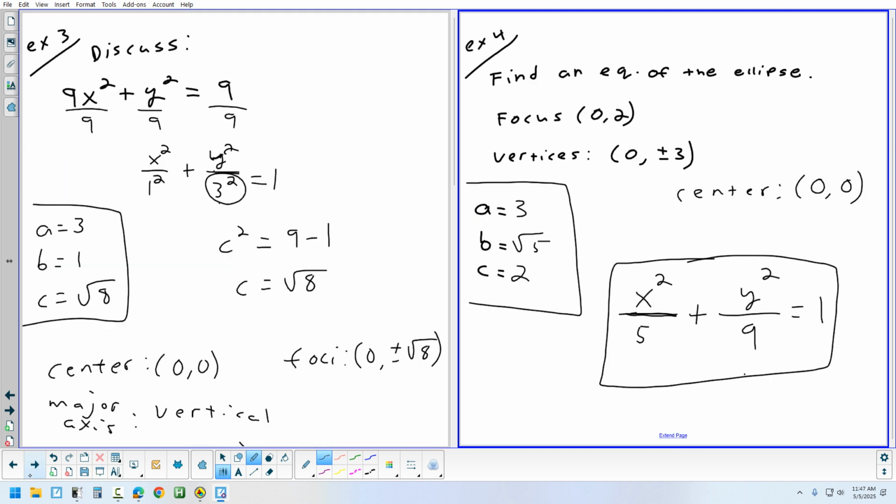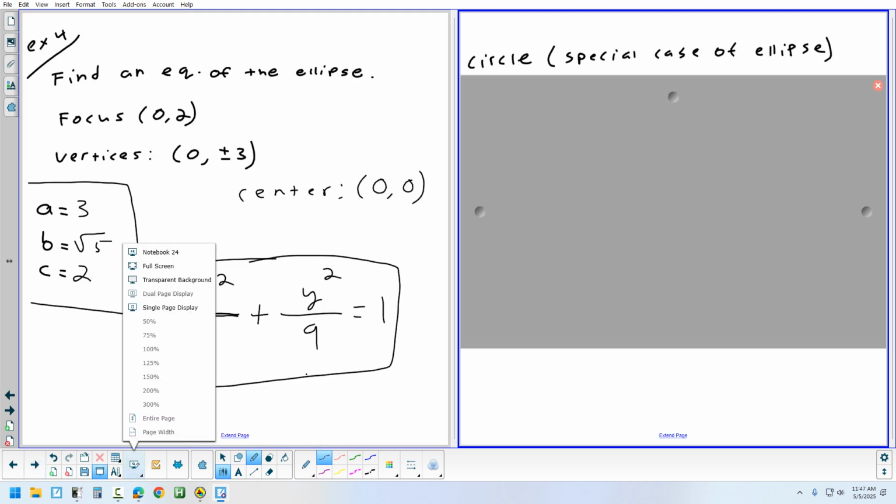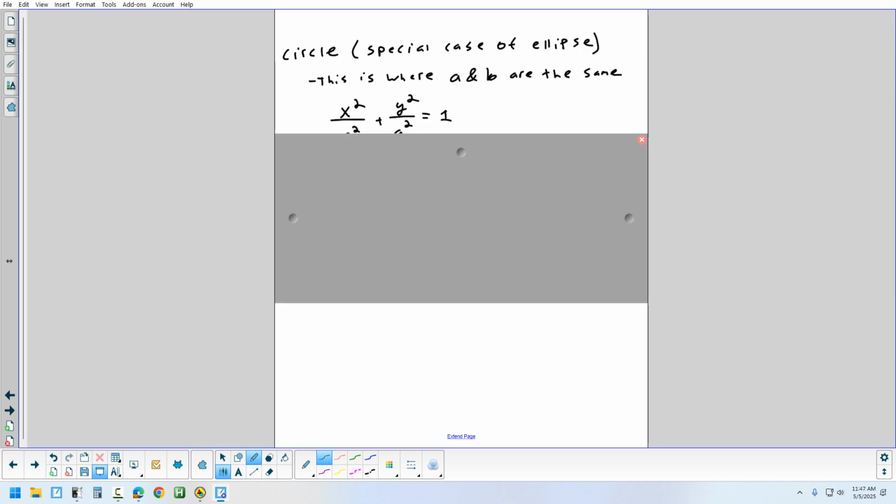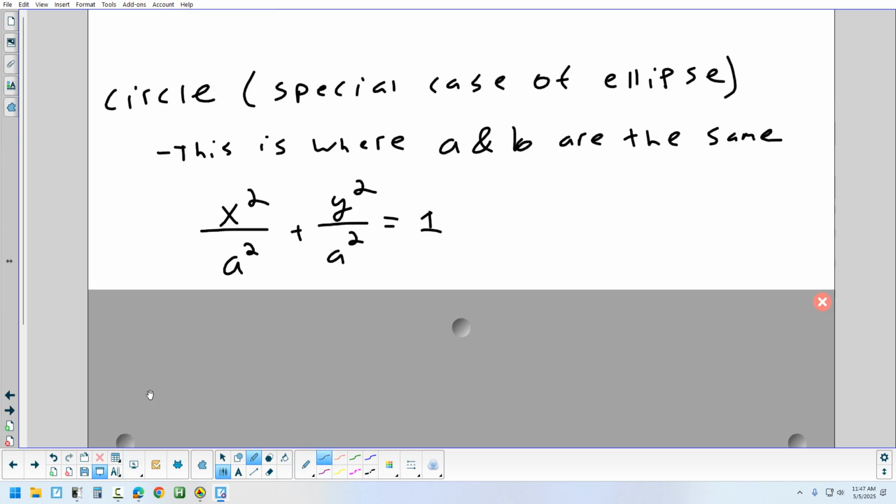All right. So, a circle is just a case where the a and the b are the same. Well, if the a and the b are the same, then you don't need two different letters in the bottom. You can just use the same letter twice, like a squared and a squared, because they're the same.